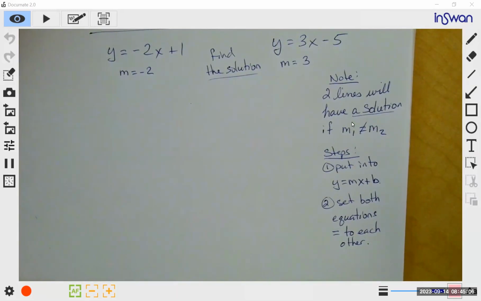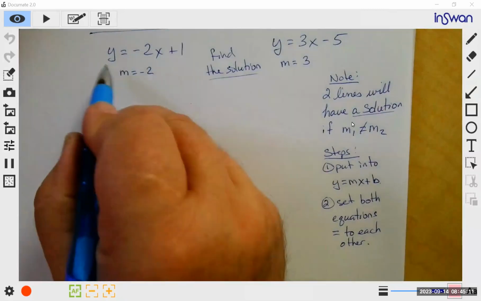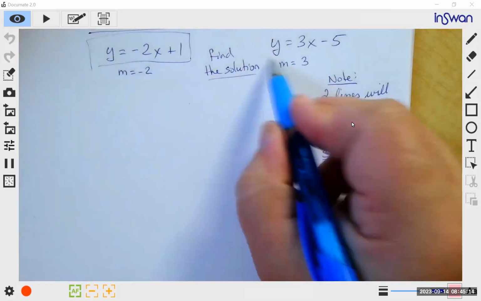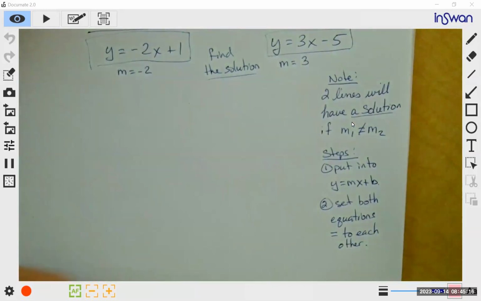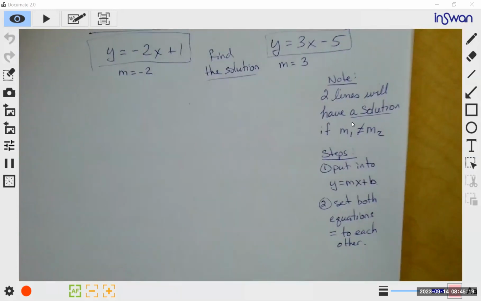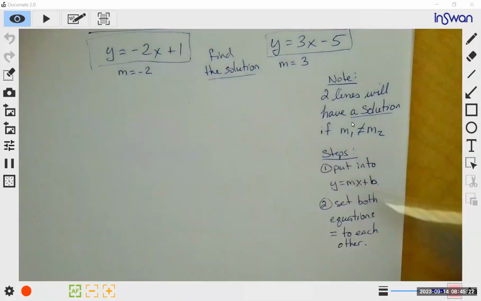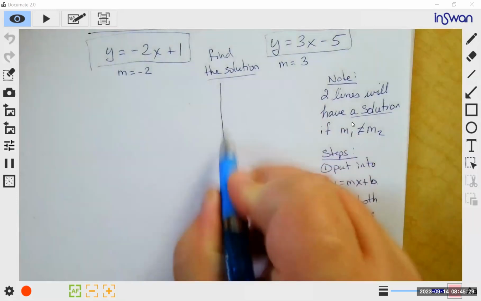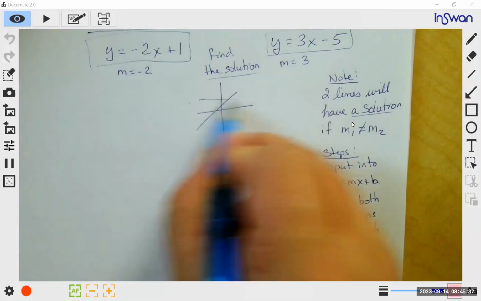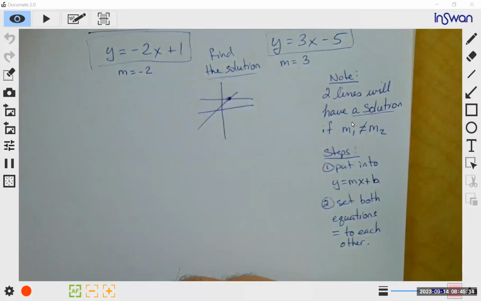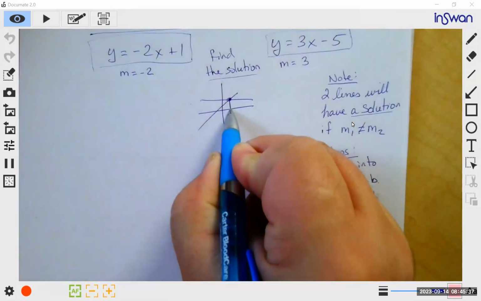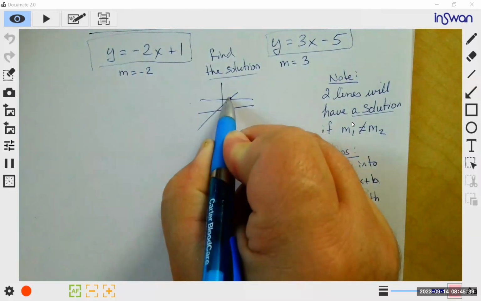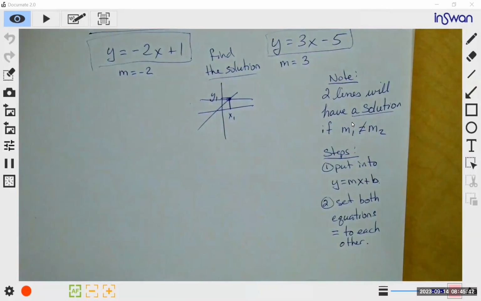Why would I do that? We solve for y. Why would I set them equal to each other? What is the reasoning I'm doing that? Well, if we have two lines and they intersect at one place, that means the x's have to be the same and the y's have to be the same at that point.